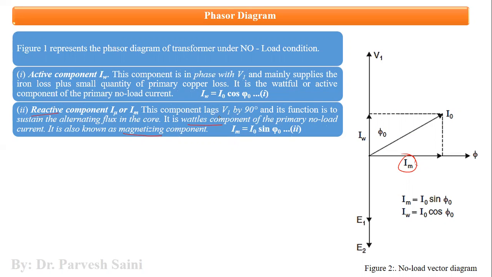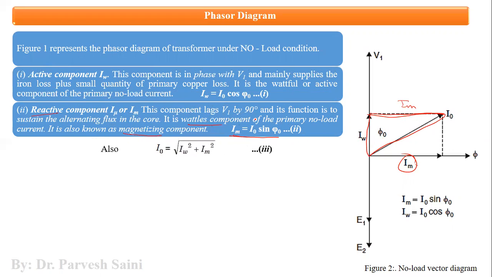It is a wattless component because it is reactive, and it is a magnetizing component because it is magnetizing the iron core. It can be obtained from this right angle triangle. So this is Im. So Im is I naught sin phi naught.